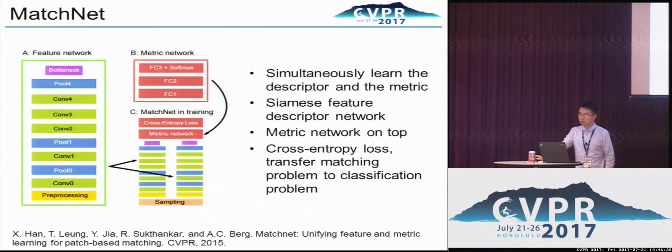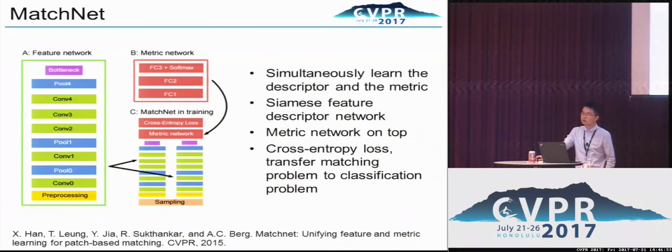And now let's look at some deep learning methods for patch matching and patch description. The pioneer work of using deep learning for the patch matching problem is perhaps MatchNet, proposed in CVPR 2015. It simultaneously learns the descriptor and the metric.